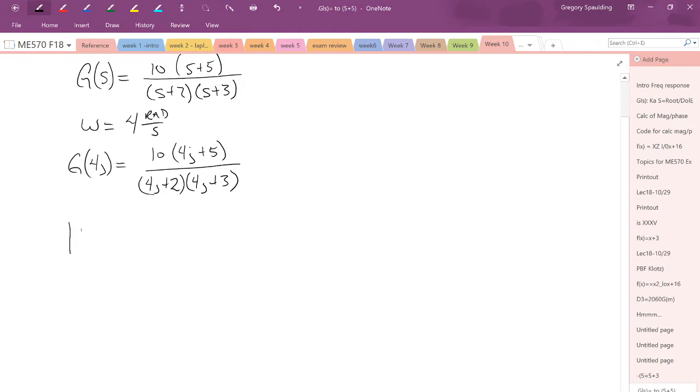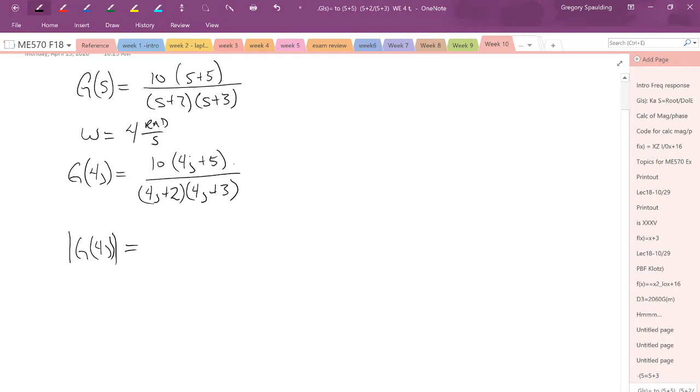So if we look at just the magnitude of this, what we're going to do to calculate the magnitude is calculate the magnitude for each of these: magnitude of this, magnitude of this, magnitude of this.